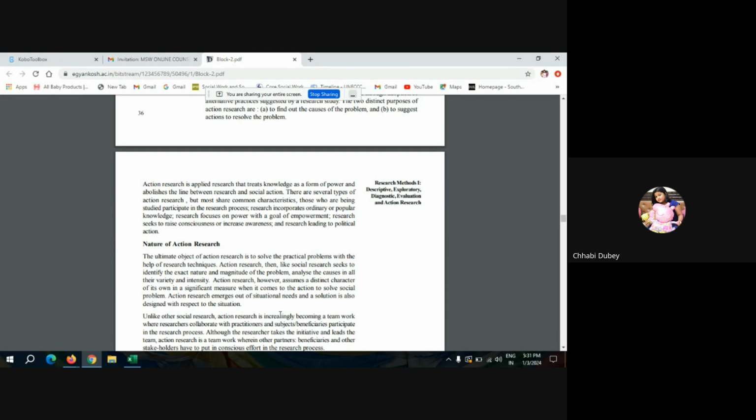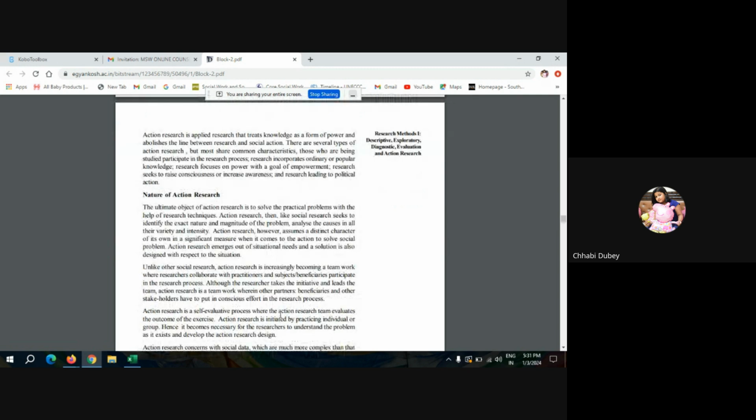First of all, they incorporate ordinary or popular knowledge. Research focuses on power with a goal of empowerment. This kind of research also seeks to raise consciousness or increase awareness of the communities, and the research leads to political action.